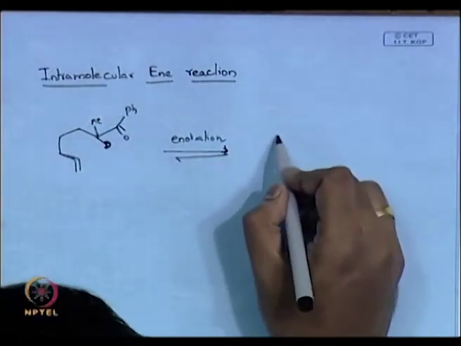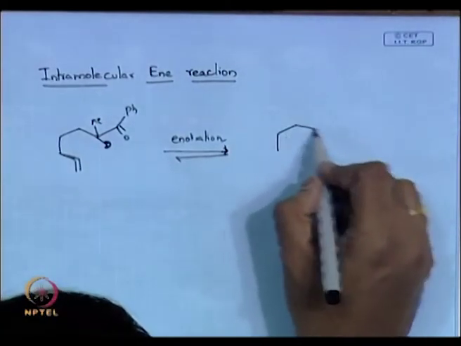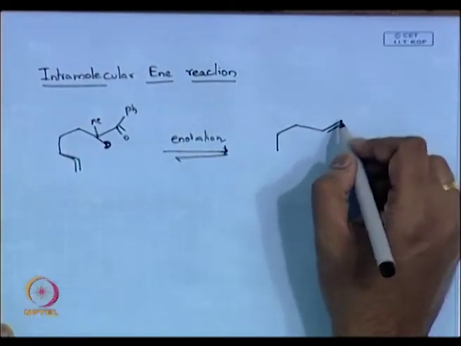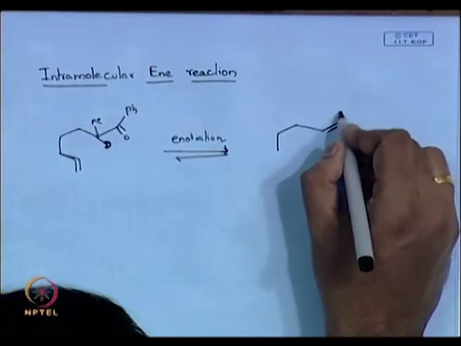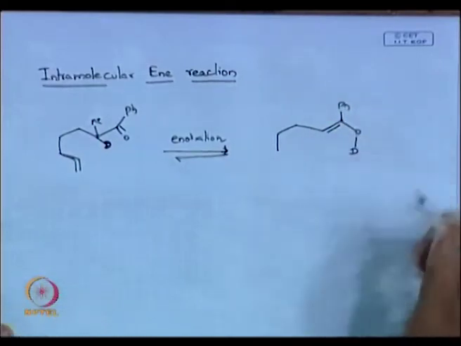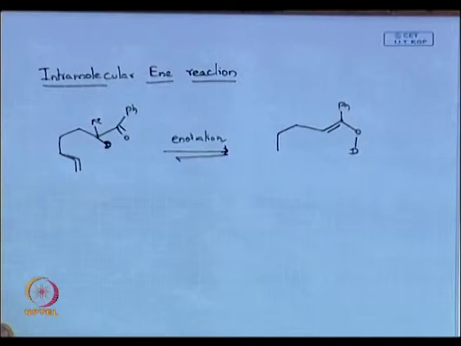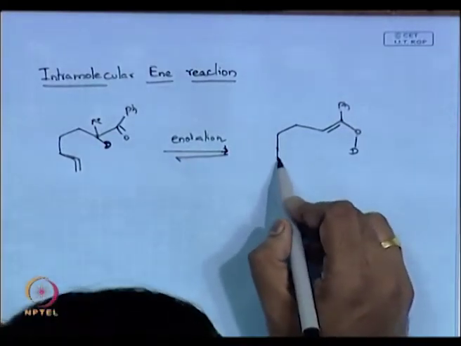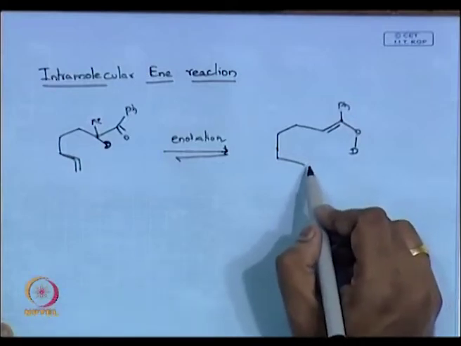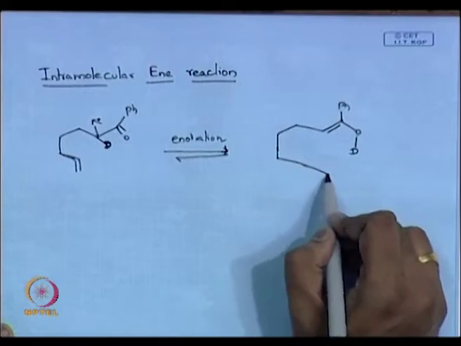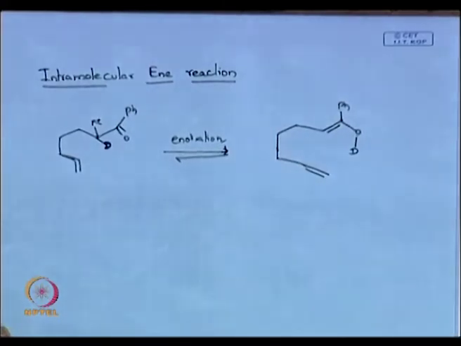If you get an enolization, I can have a double bond here, with my phenyl, and that is why I deuterated. Your deuterium moves across, then you can think about a double bond here.